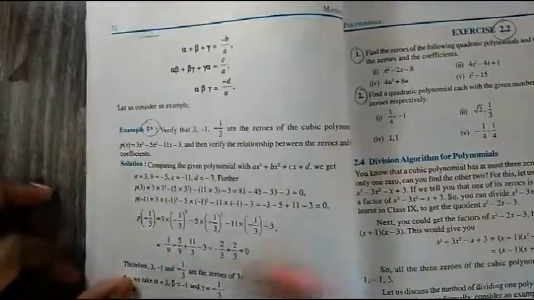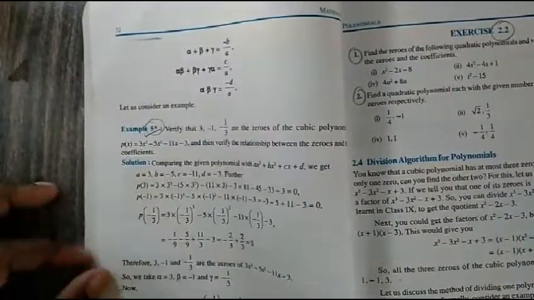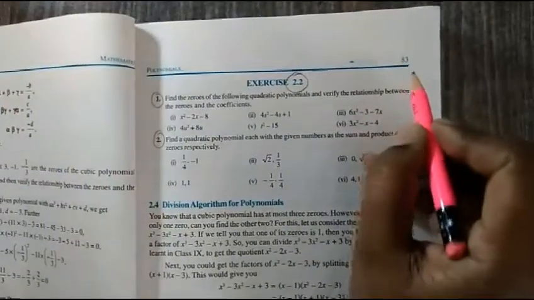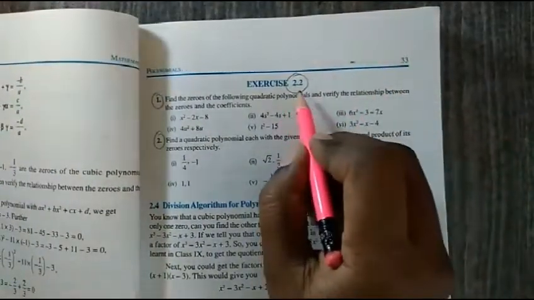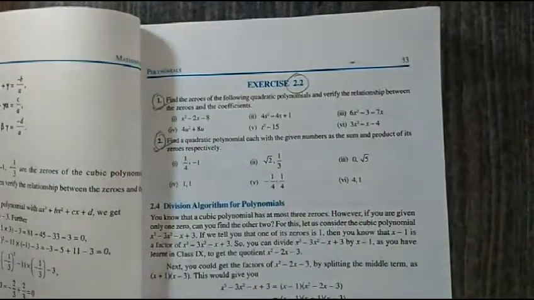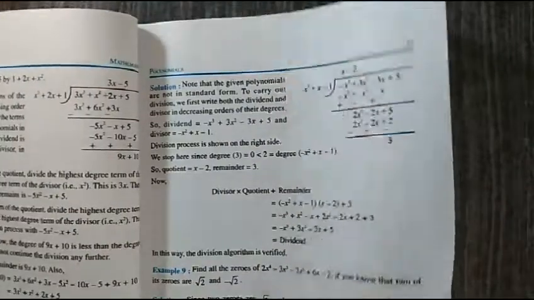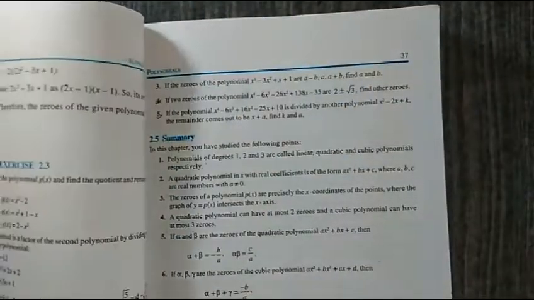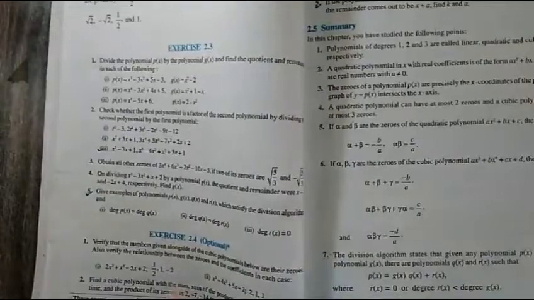Then example 5 you have to study. Then exercise 2.2 on page number 33: question 1 and question 2 you have to study. Then for 2.3 nothing is there, so you don't need to do anything from here.